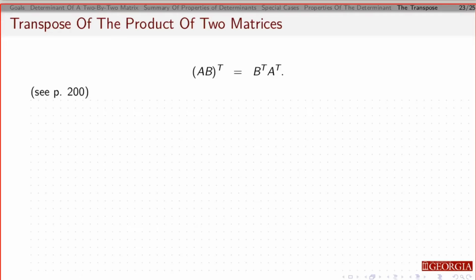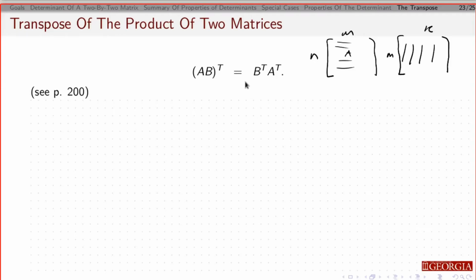Okay. One property that we have for the transpose is if I take A times B and then transpose that result, that's the same thing as taking B transpose times A transpose. So let me be a little careful here. So I've got a matrix A. This is going to be n by m. So that means that B has to be m by k, like that.